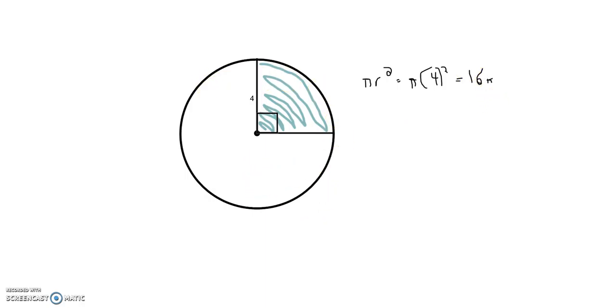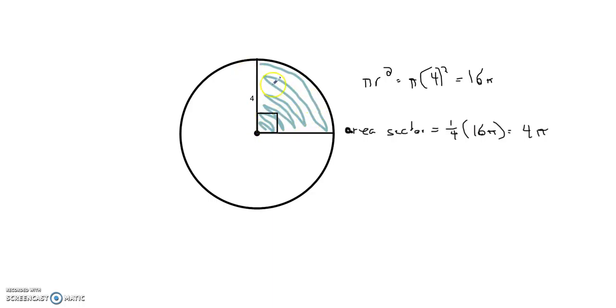So what we can honestly say is, if this is 1/4 of the circle, then the area of this sector should just be 1/4 of the total area of the circle, which would give us the answer 4 pi.